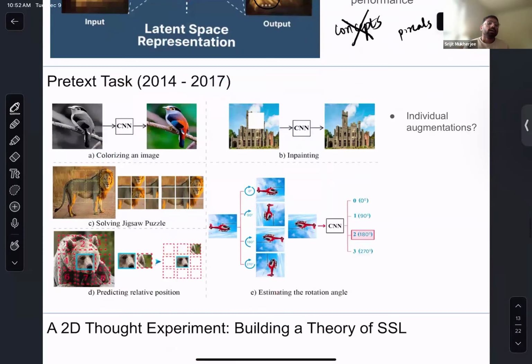Then came the core concept of what is pretext task, which is also there in language. So what it does is that, okay, I will apply some simple augmentations on images or remove the image features and try to recreate the image features.